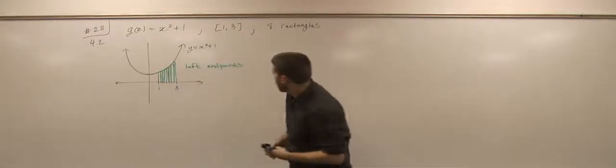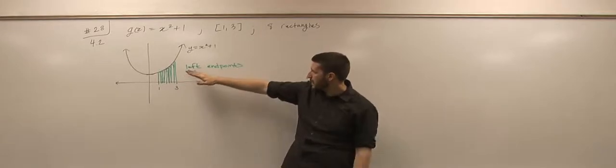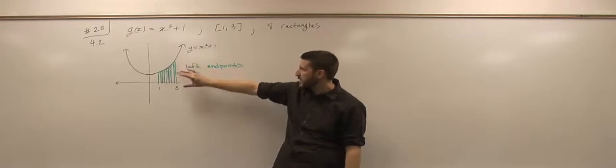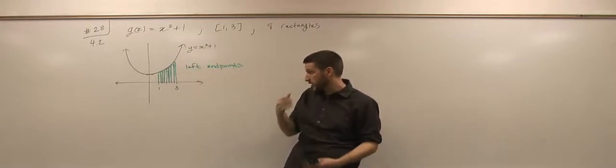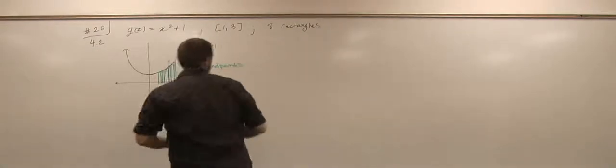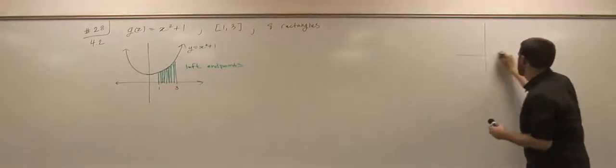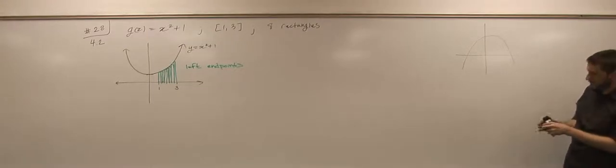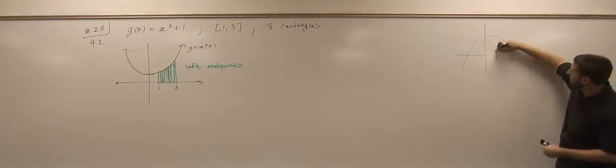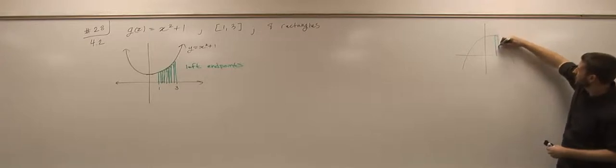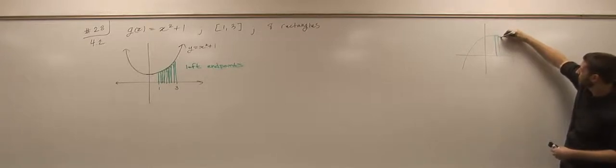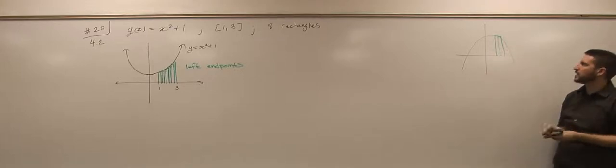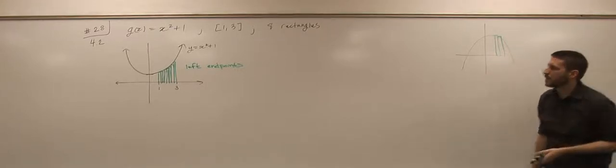It just so happens that left endpoints is the same thing as lower sums in this case. Left endpoints is not always the same thing as lower sums, because if I flip my graph over, then when I do the left endpoints, I actually end up above my graph. If I go up on the left and draw a rectangle, I end up above my graph. So left and right endpoints doesn't necessarily have anything to do with above or below the graph.